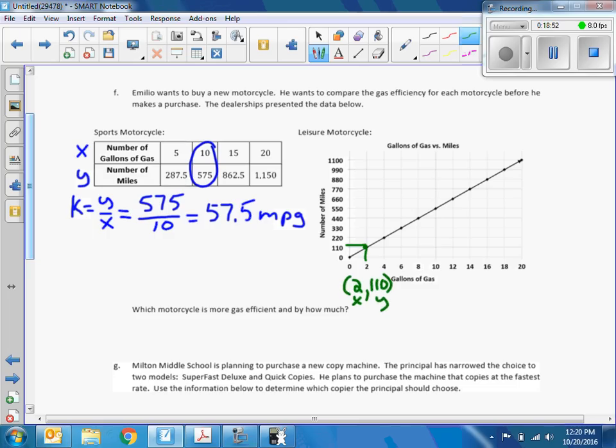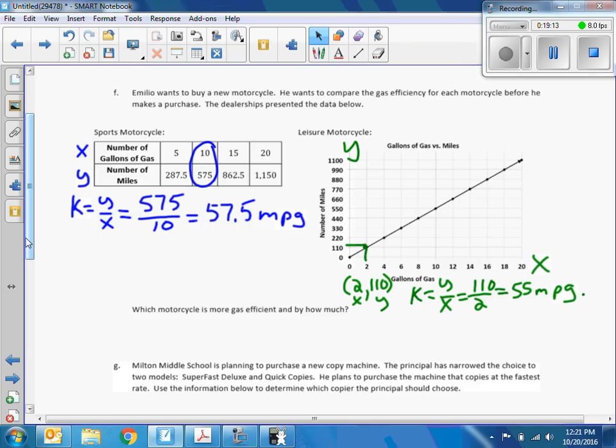And that's X, that's Y. We should always label our axes to remember, X, Y. So K equals Y over X, which equals 110 divided by 2, which equals 55 miles per gallon. Okay. So the sports bike gets 57.5. The leisure bike gets only 55, probably because it's like a big Honda Goldwing and it's really heavy, less miles per gallon.